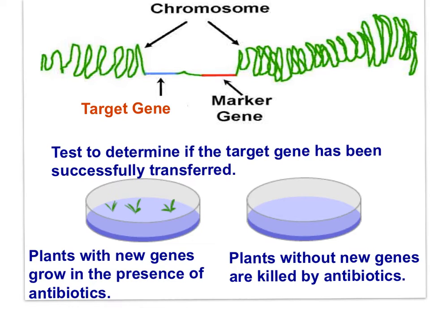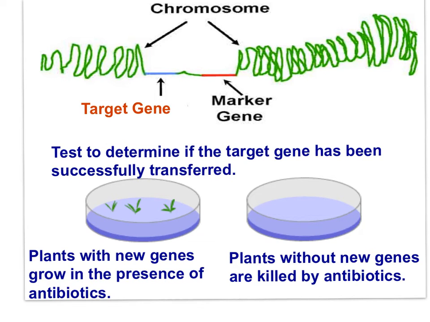So if the target gene has been inserted successfully into host cells, the host cells with the target gene would also be able to grow on an antibiotic medium because the plasmid containing both the target gene and the marker gene for antibiotic resistance would be present. Any host cell that has not successfully taken up the plasmid would not be able to grow on the antibiotic.